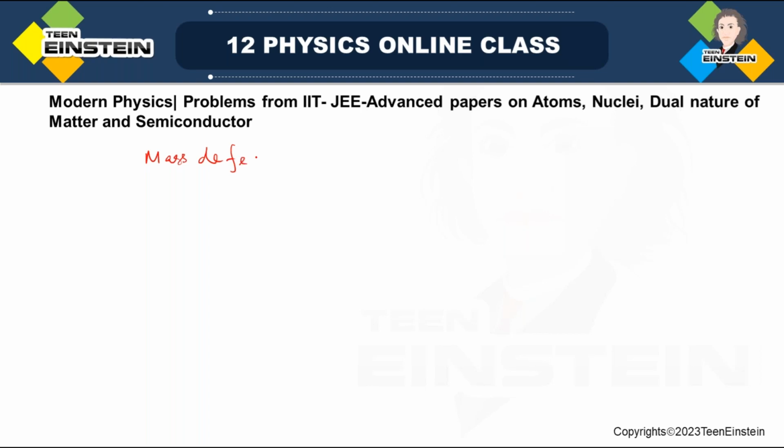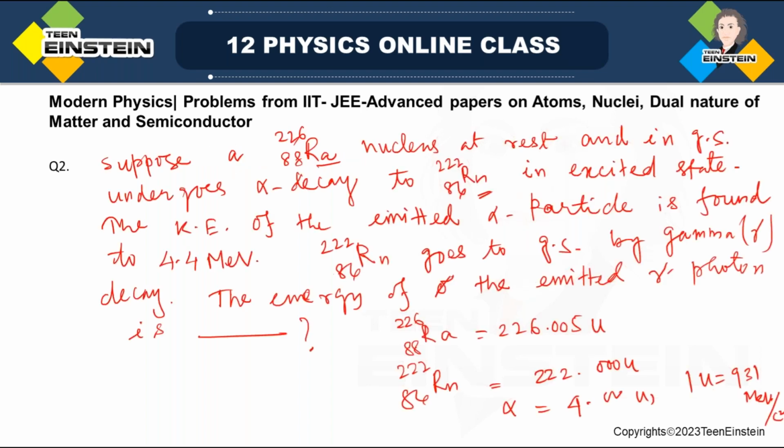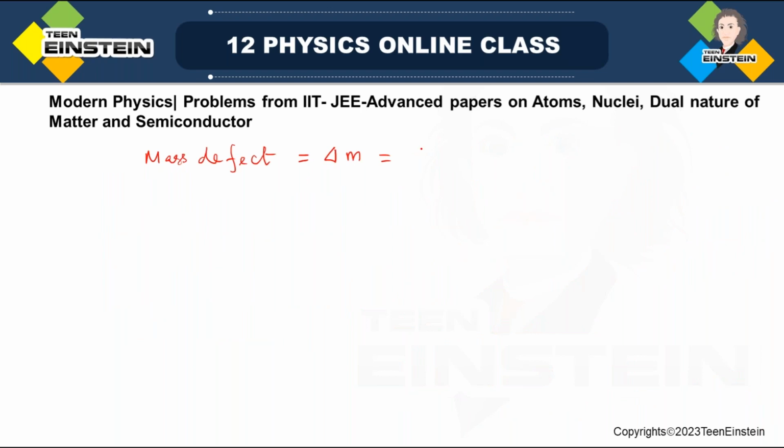To find out the energy released in any reaction, we need to find the mass defect, delta M. That is the atomic mass of the parent nucleus minus the atomic mass of the alpha particle and the daughter nucleus. 222.00 minus 4... these are in atomic units, U or AMU.